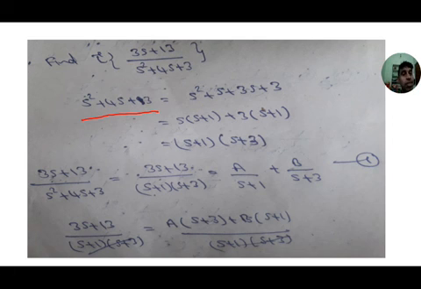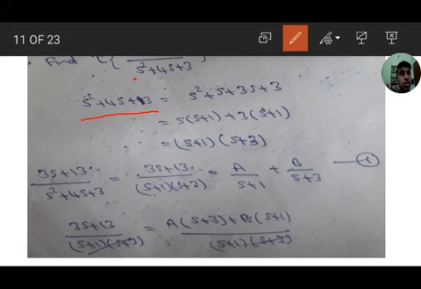So the denominator is s square plus 4s plus 3. Factorize: 3 into 1 is 3, so we have to get 3. So 4s can be written as s square plus s plus 3s plus 3.